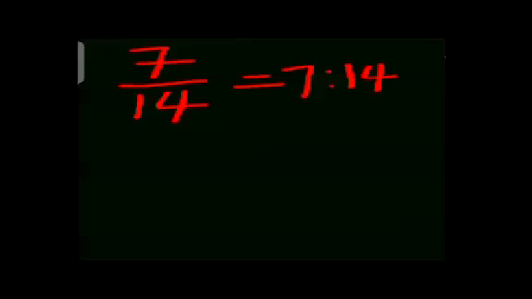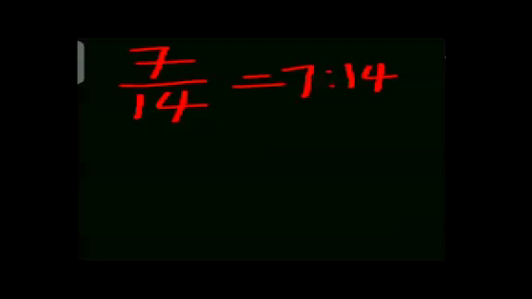Whatever I do to the denominator, at the same time I do it to the numerator, it does not change the property of the fraction and that of the ratio as well. When I divide or multiply a fraction or ratio by the same value, it does not change the property, and that's exactly what we call the equivalent ratio.